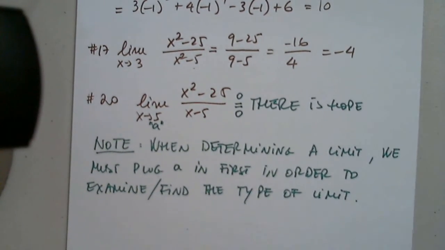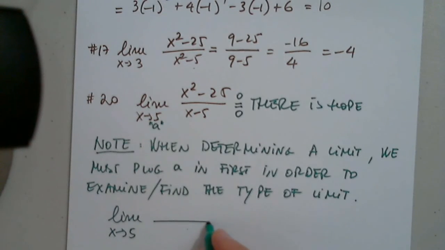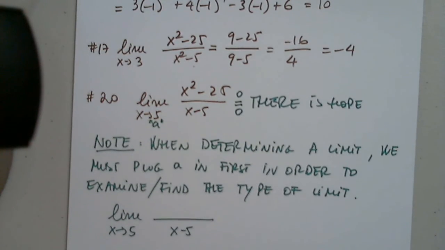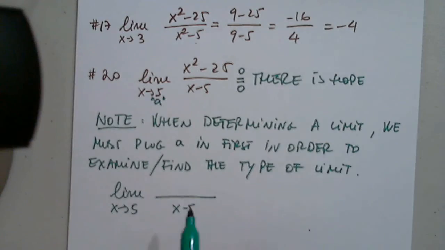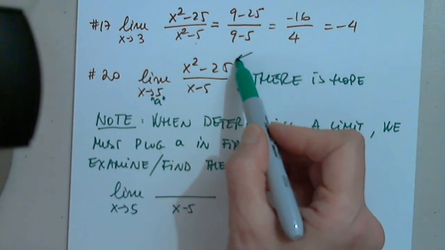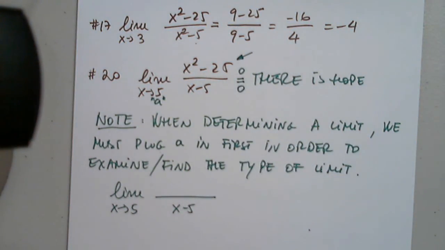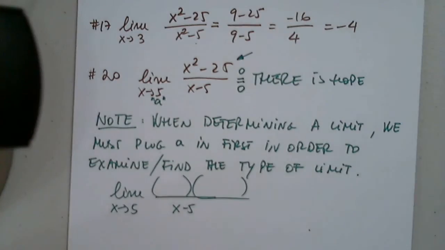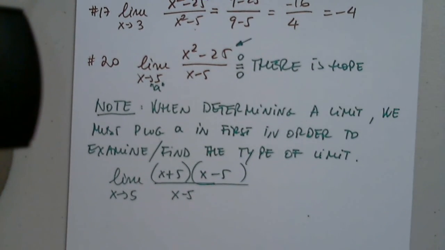Good. So what will you do next? What do you think we should do next? And we discussed this on the first day of classes. Factor the numerator. Excellent. That's why we review those. Good. So what do I have to write then? x plus 5. Excellent. Great job. Of course, what do you think I'm going to do next? Obvious thing.